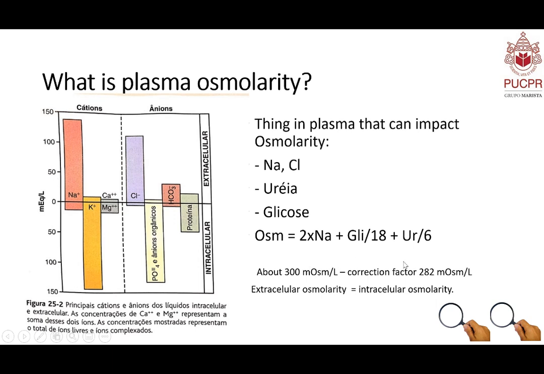The difference is because not all molecules of sodium are split from chloride, right? Some of the sodium still stays together with the chloride. So it's not true that you should multiply by 2. If you use a correction factor, you get the number 282.